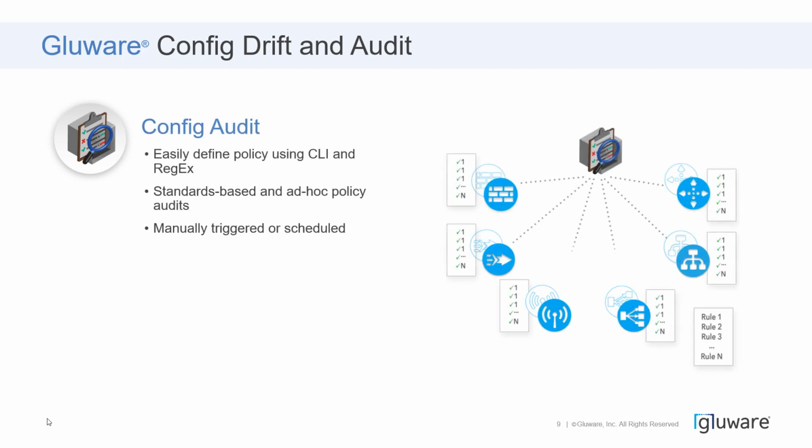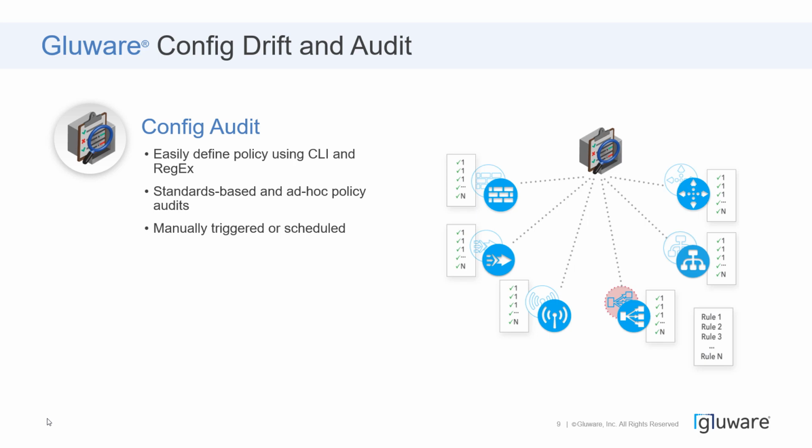Moving on to the second part of this app is the Config Audit Engine. As the name implies, this enables you to audit the configurations. The audit policies are made up of rules that are defined with native vendor CLI with regex to handle the variables that exist within, like IP addresses and VLANs and other constructs in networking config.